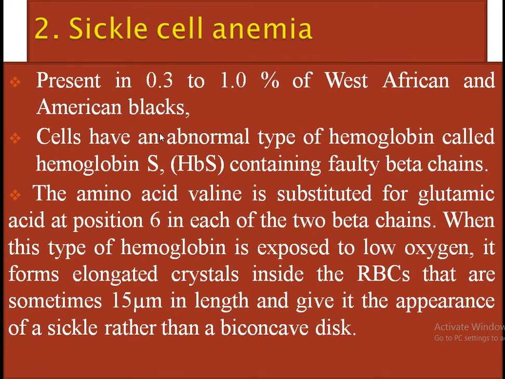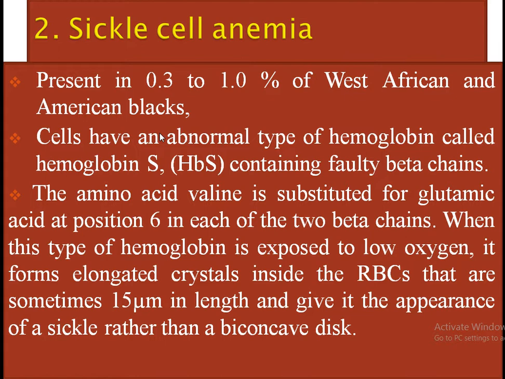Sickle cell anemia, as its name shows, involves an S-shaped hemoglobin. The hemoglobin is S-type, containing faulty beta chains. That's why it is called hemoglobin S, or simply HbS.